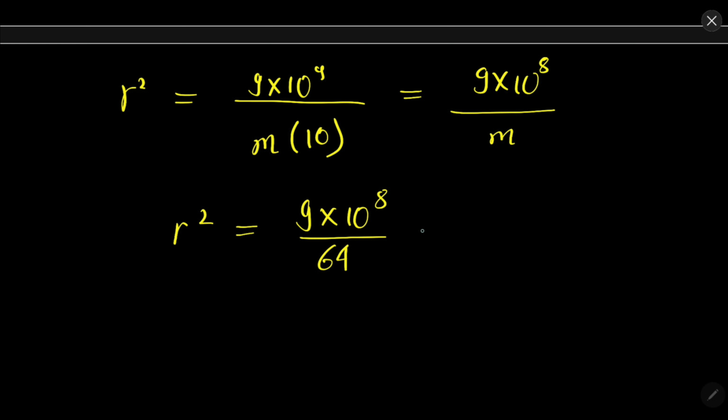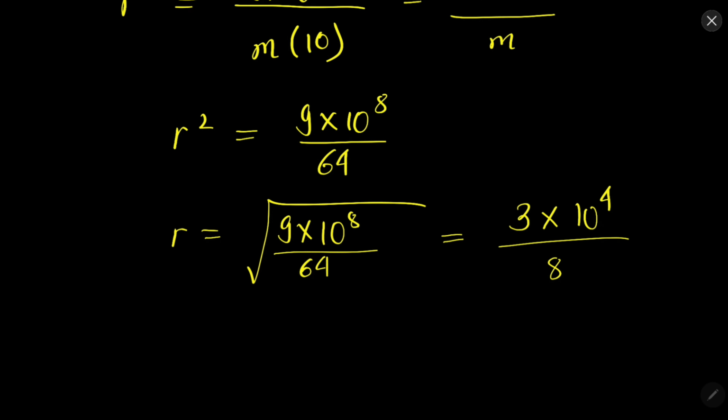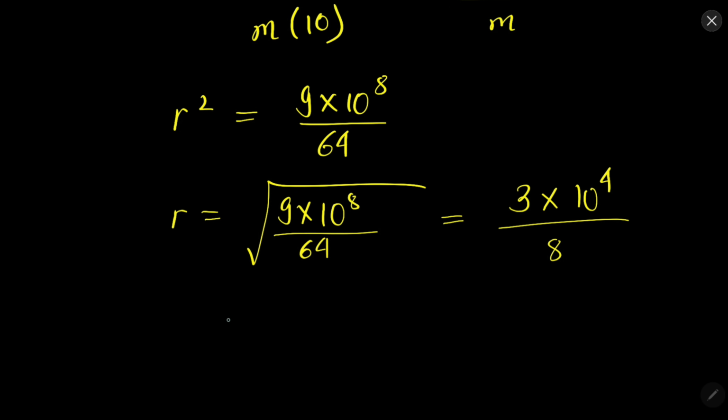So R equal to root of 9 into 10 to the power 8 upon 64. So 3 into 10 to the power 4 upon 8. This will give you approximately 3750 meters.